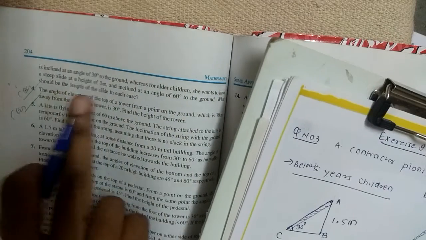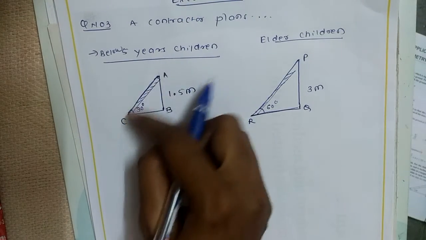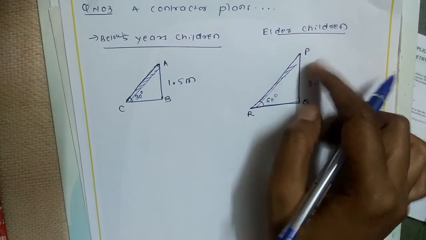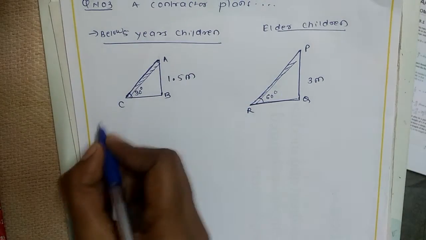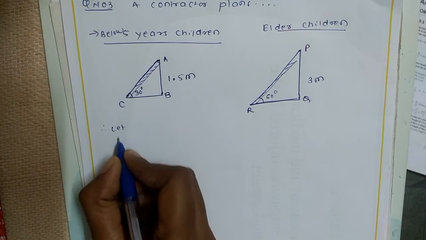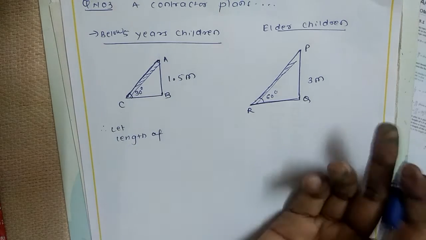So what should be the length of slide in each case? So we'll find out the length. So this AC length. So what is the length of slide? And here also we have to find out the length of slide. So one by one we will find out. So we will take here, let length of slide, first this slide.